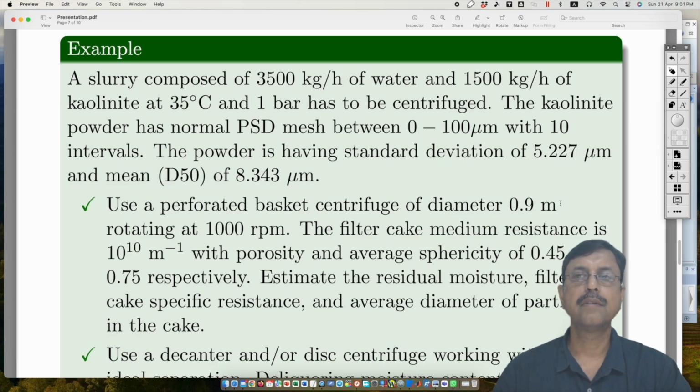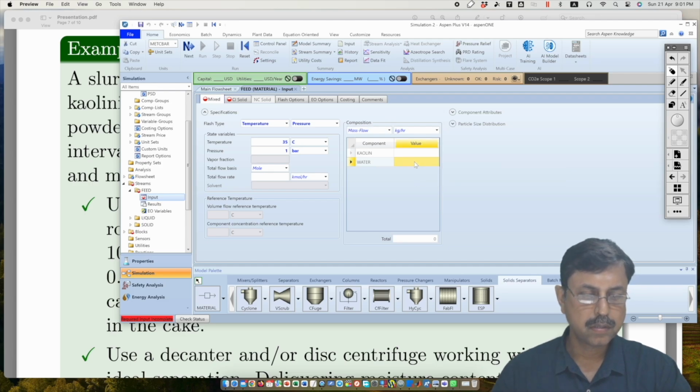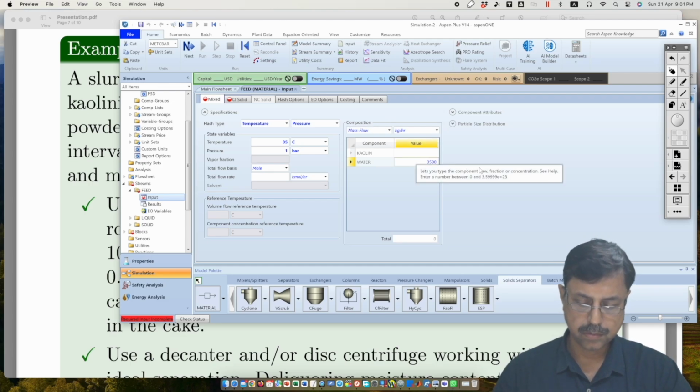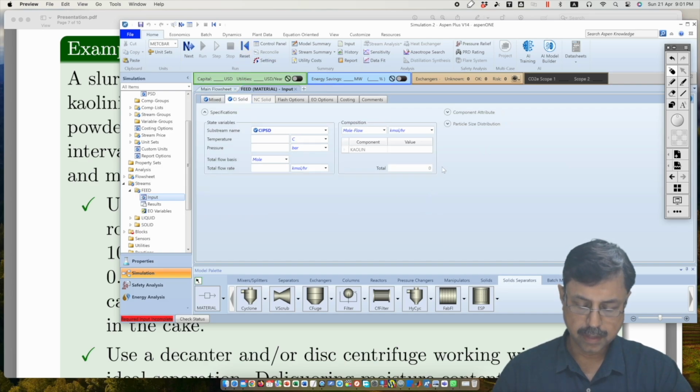So it is mass flow, 3500, and here it is 1500.